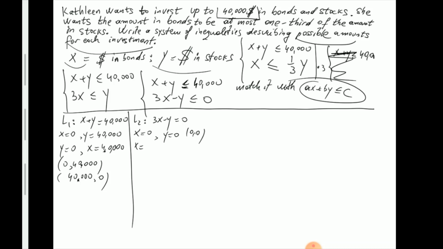Now you have to choose another value, because if you choose y 0, again, x is 0, so it's the same point, 0, 0. So let's say x equals 1, just choose lower numbers, and that means y equals 3. So another point possible on the line is 1 and 3. And let's do the sketch over here.